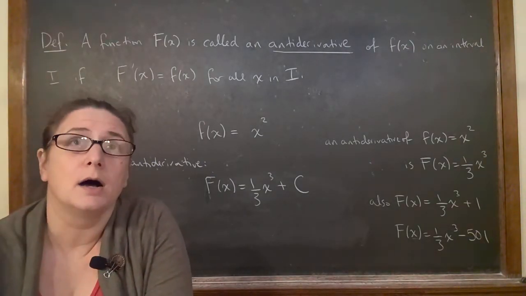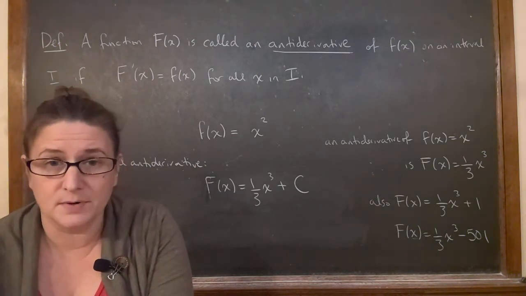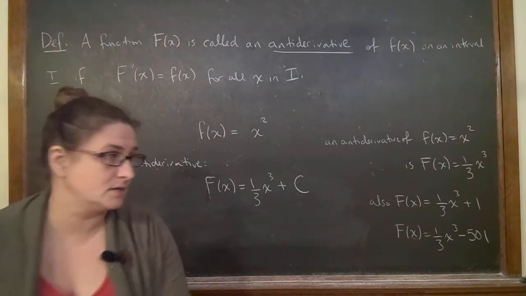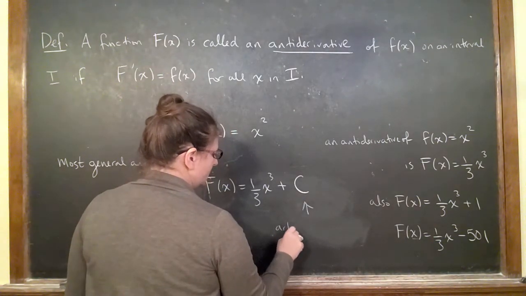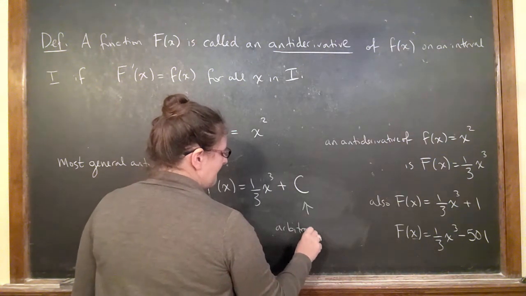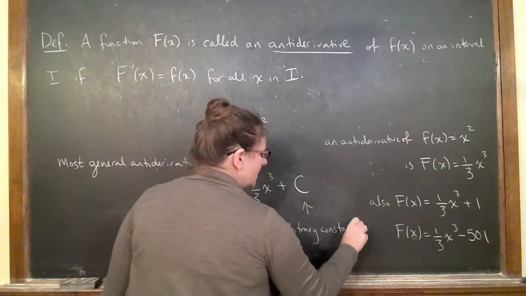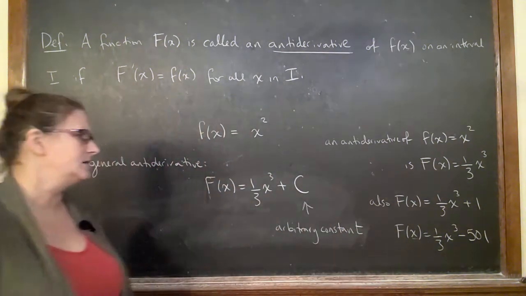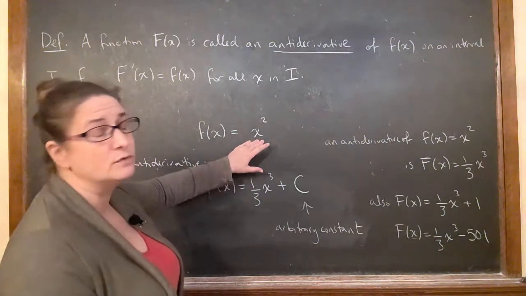I think on WebAssign it will specify use an uppercase C for your arbitrary constant, and that's what we call this. We call this the arbitrary constant because any number there is going to give me another antiderivative of my original function.